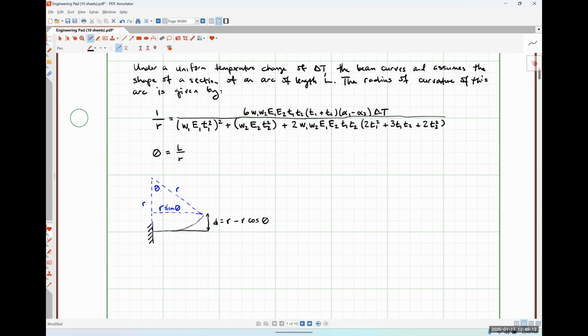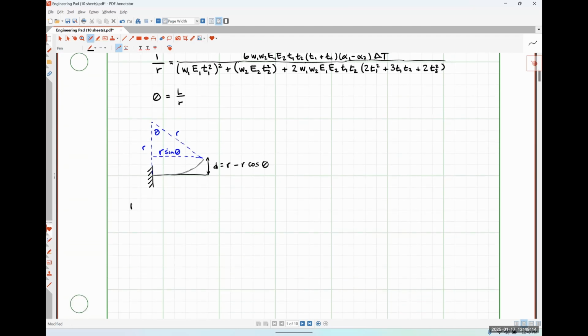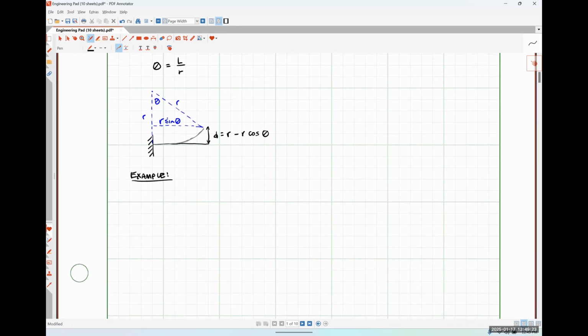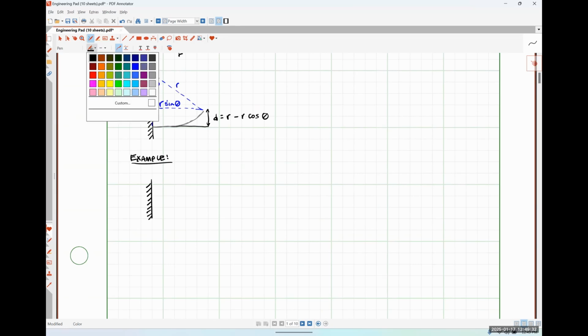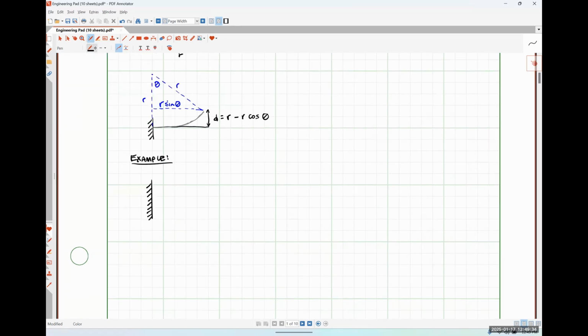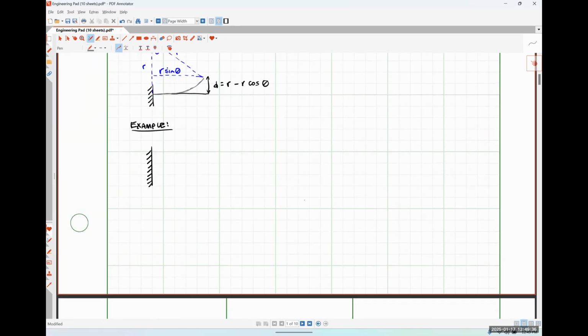All right, so what I want us to look at is an example wherein we have a bimetallic cantilever beam, but in this case, we are going to have materials having two different lengths, okay? So I'm going to put one material on bottom, and just for the sake of argument, I'm going to call this guy material 2.